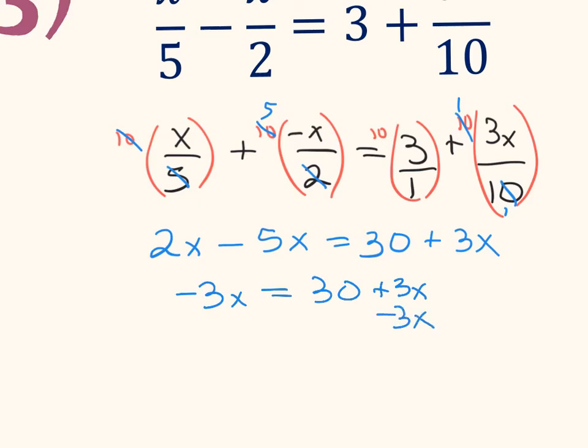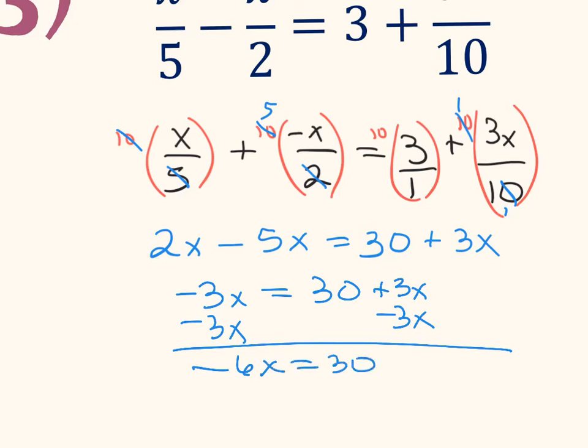Move the 3x. Negative 6x equals 30. Divide by negative 6. And x equals negative 5. Let's try number 4.